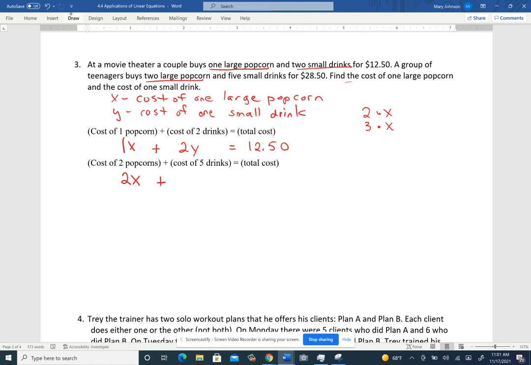Then they bought 5 drinks, and each drink was Y dollars. The cost of that would be 5Y, and that wound up being $28.50. So there's our system. We'll use elimination or addition method later to solve that.